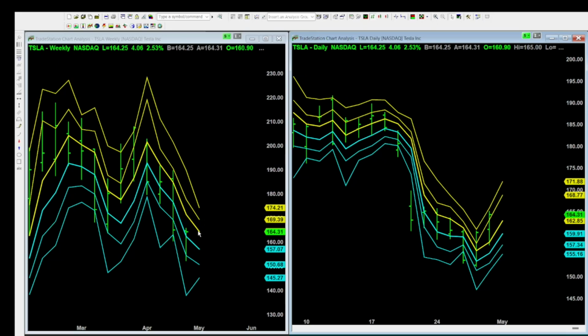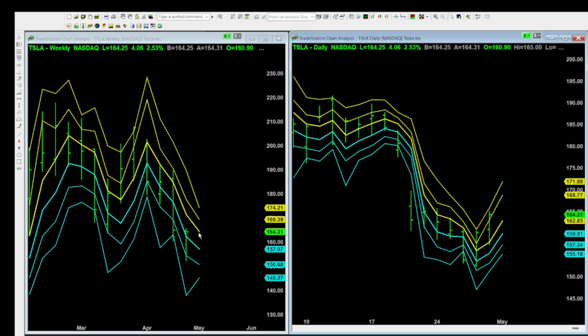So it depends on which price it opens at early next week. If it opens slightly above this yellow trend line, it may still try to push up to this $169, the tip of this yellow trend line.